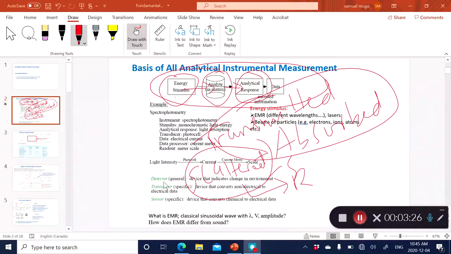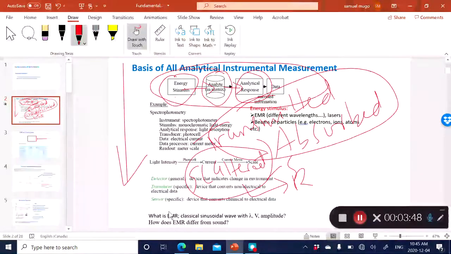Sometimes that's why we call detectors transducers, because they are converting a non-electrical quantity such as light into an electrical quantity. So essentially this slide covers just the basic premise of all analytical devices out there, be it spectroscopy, electrochemistry, mass spectrometry, and so forth.